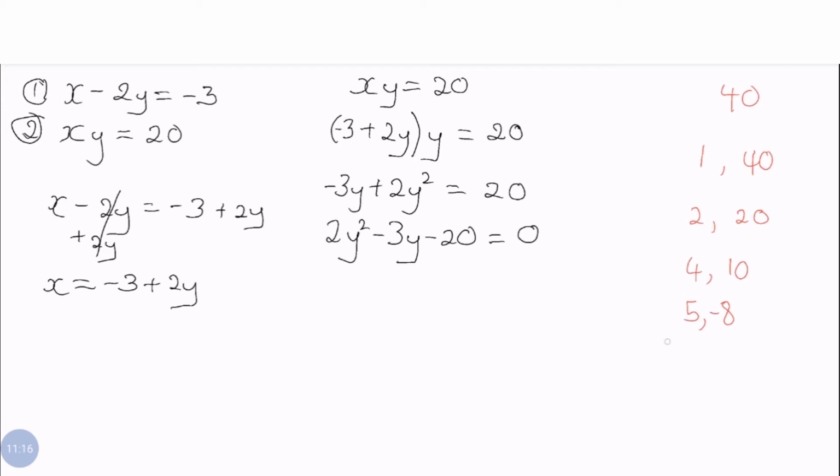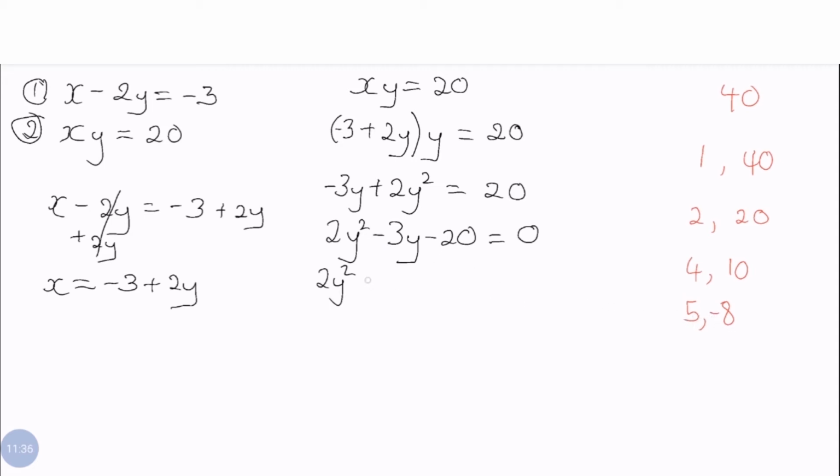I want us to rewrite our equation using this pair of factors. So we'll write 2y squared, but with the negative 3y, we'll distribute using these two factors.